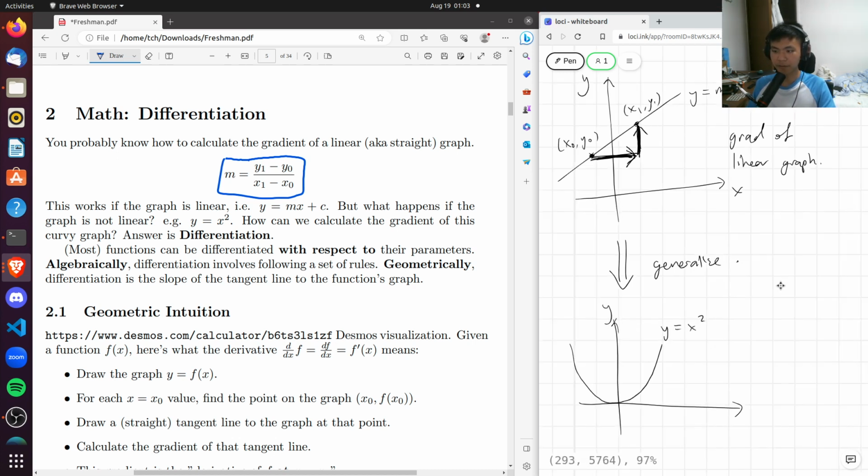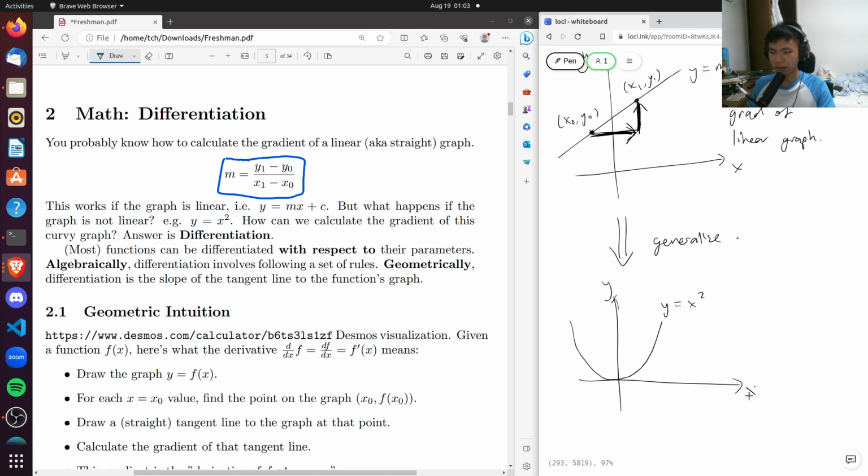This is a curved graph we have plotted on the y-axis. So I want to have a notion of gradient of a curve, or more generally, curve means non-linear. Non-linear would be more accurate. I want to describe the gradient of a non-linear graph.